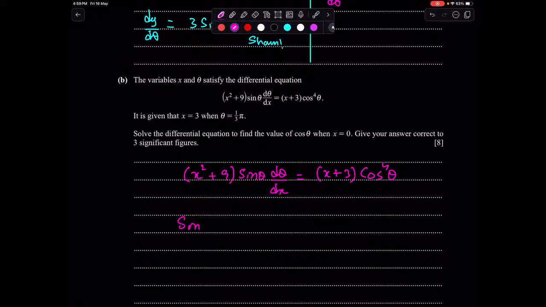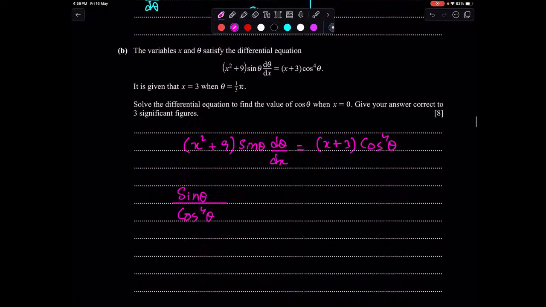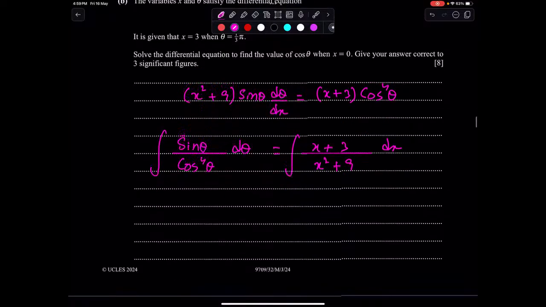So sin theta copied, cos power 4 theta is here, d theta. On right side we have x plus 3 over x square plus 9 dx, taking sign of integral on both sides.